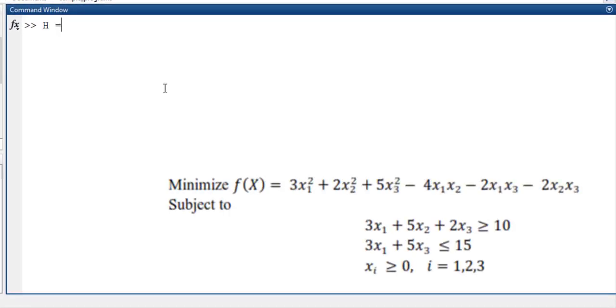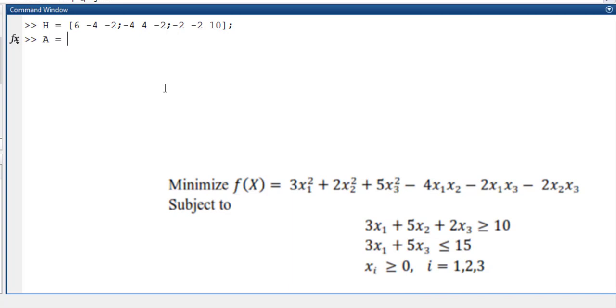H is equal to 6 minus 4 minus 2 semicolon minus 4 4 minus 2 semicolon minus 2 minus 2 10. This is my H matrix.